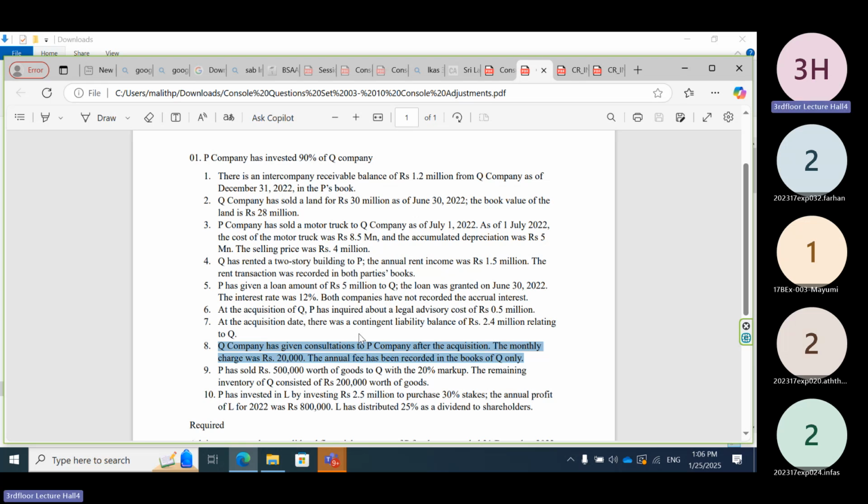As an entity, what do you mean by sales? Whatever sales we have done to the outside, 50,000. Your cost of sales, 20,000. Ultimate profit, 30,000. Very clear.